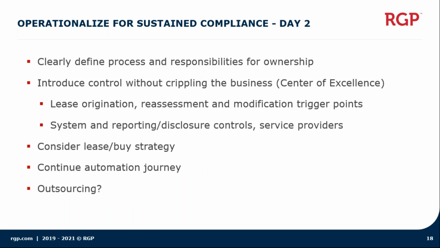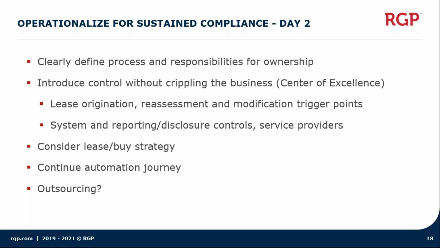I think some of the additional things to think about as you're working through that day two process is to clearly define those process roles and responsibilities and who owns them. More importantly, when we're getting outside of accounting and finance, making sure that we have clearly defined what those organizations are responsible for.